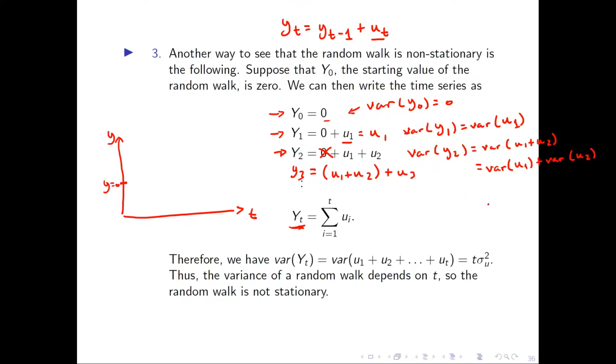And you can assume that the variance of the error term is constant, which means that if the variance of u equals sigma squared, then this would just be sigma squared plus sigma squared, right? So this would be 2 times sigma squared for the second period.